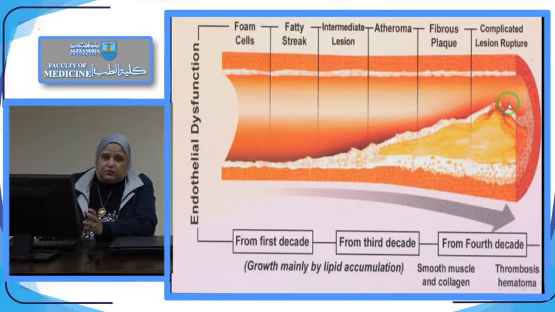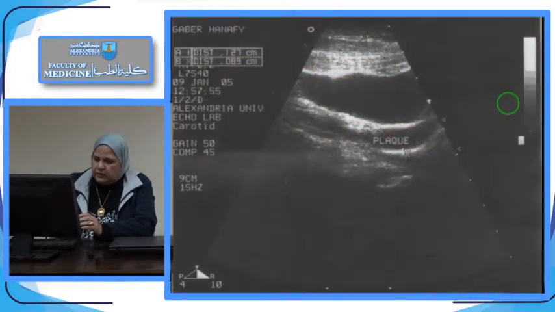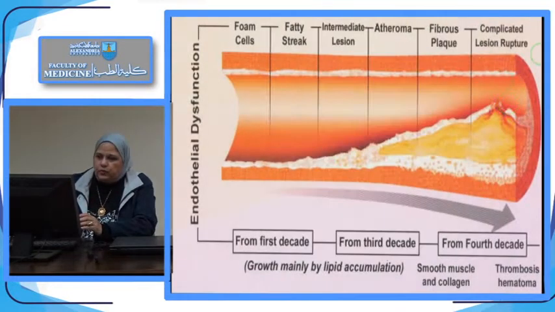If cerebral stroke or coronary stroke occurs, this will lead to devastating complications, with the end result maybe death. And this may be the only symptomatic phase of the atherosclerotic process.